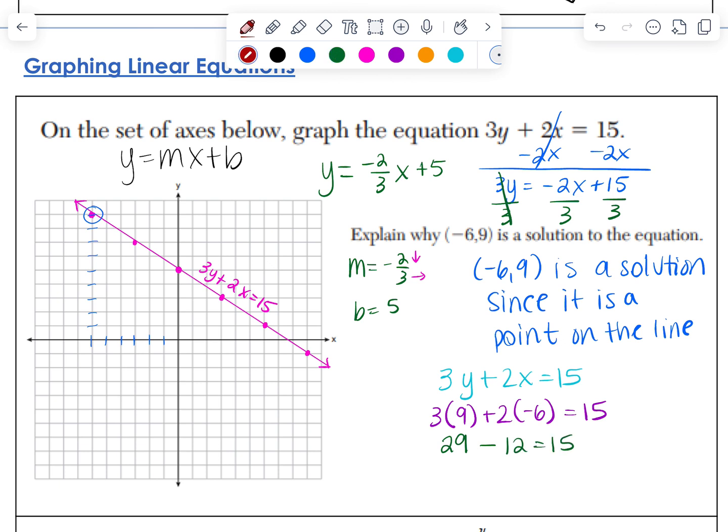And if you do that subtraction, 27, excuse me, 27 minus 12 is equal to 15. So 15 equals 15, check. That's what you can do to prove that -6, 9 is a solution to the equation.